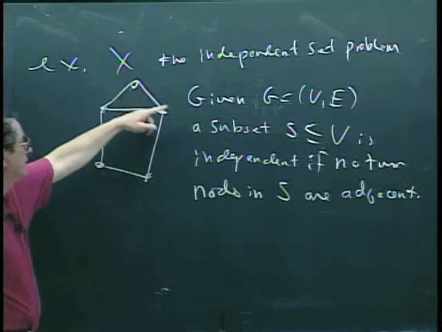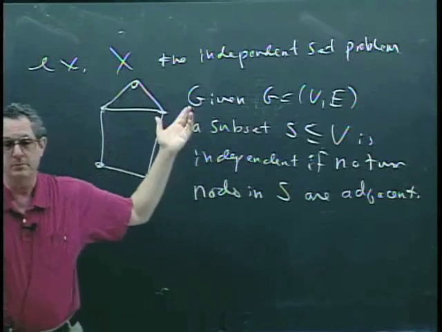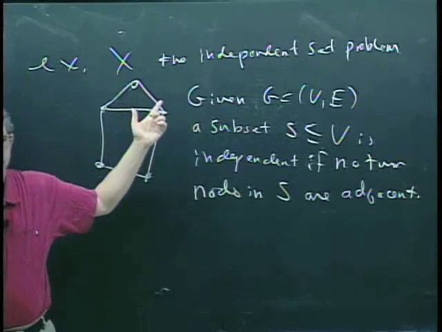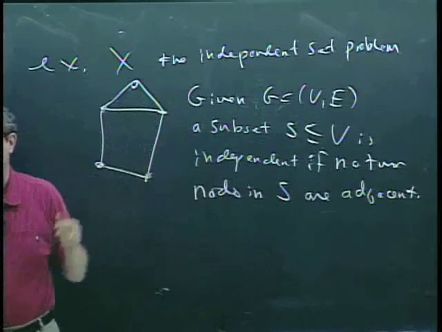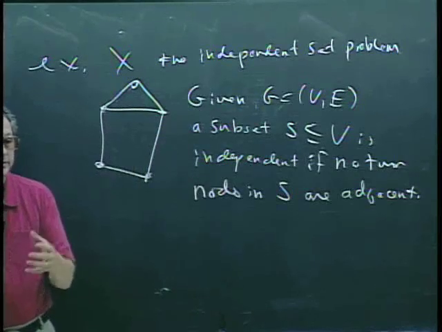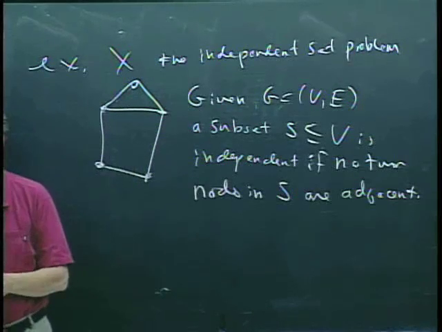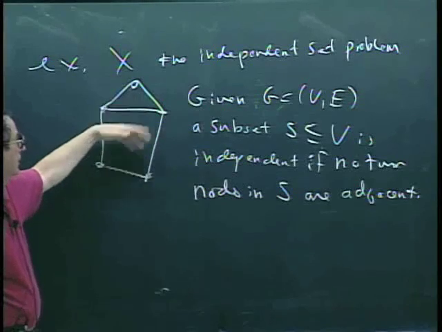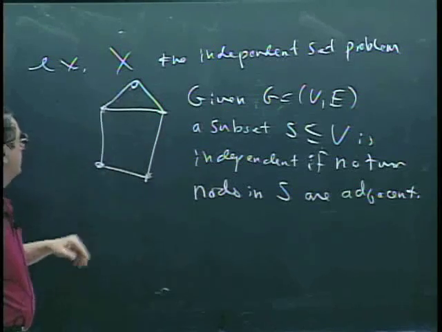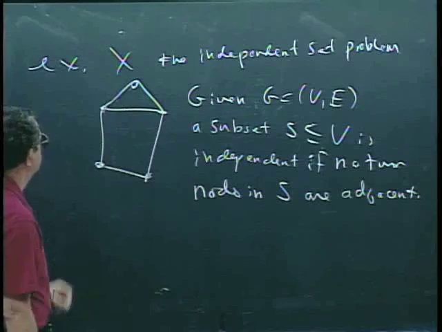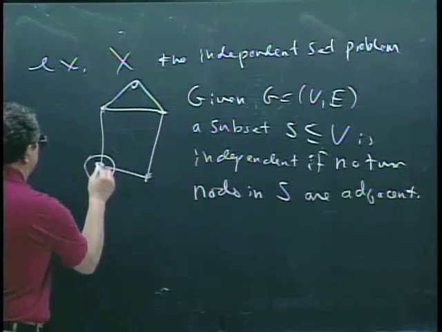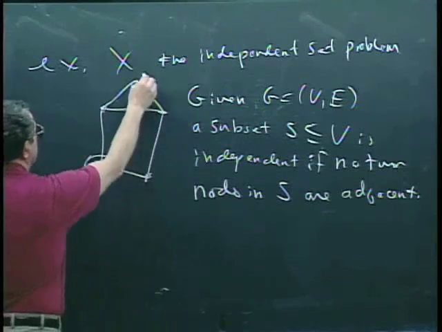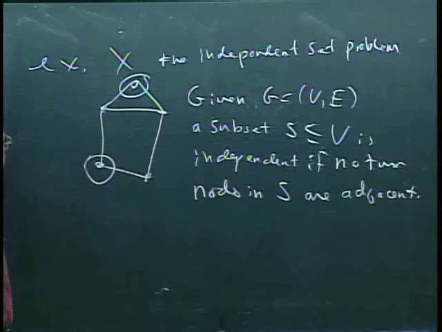The homework problem was maximum independent set: we wanted to find a largest independent set in a tree. You can think of the same problem as largest independent set in a graph. We'll simplify that in a minute.